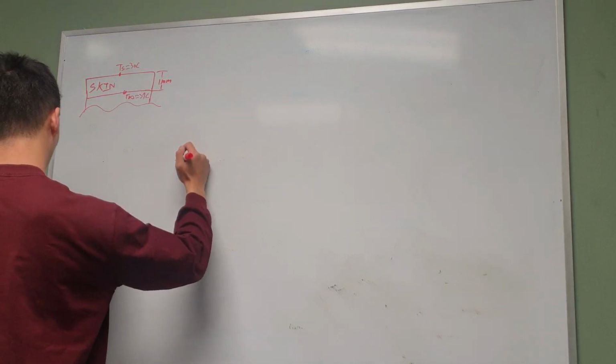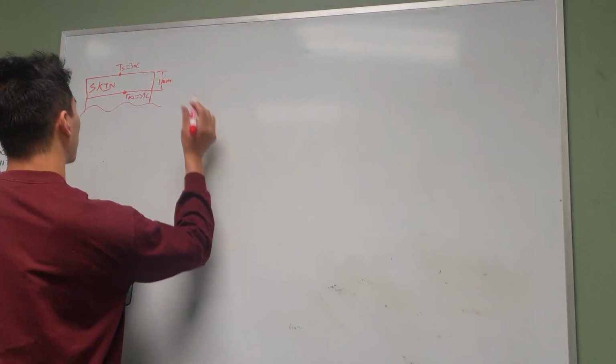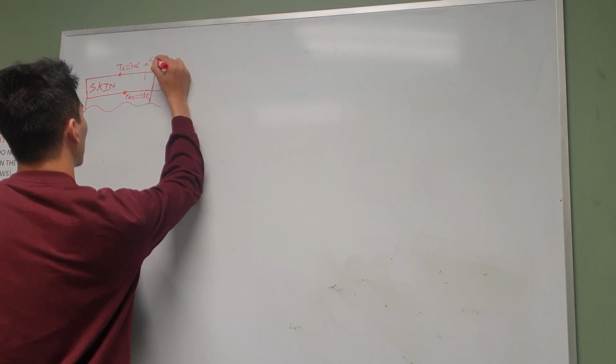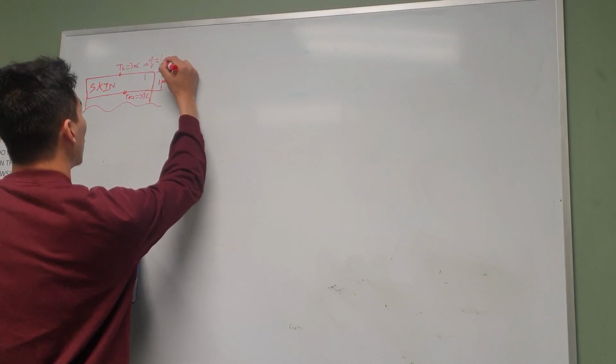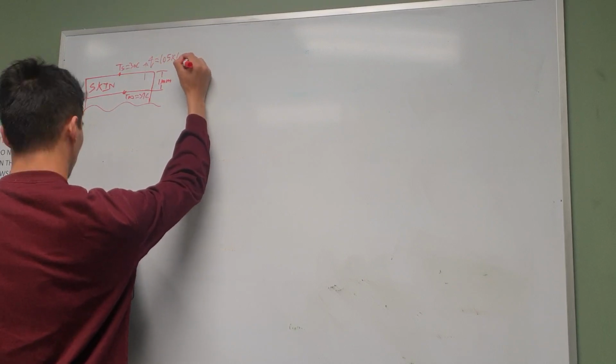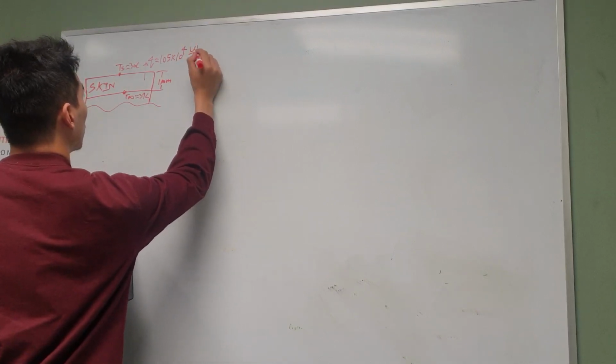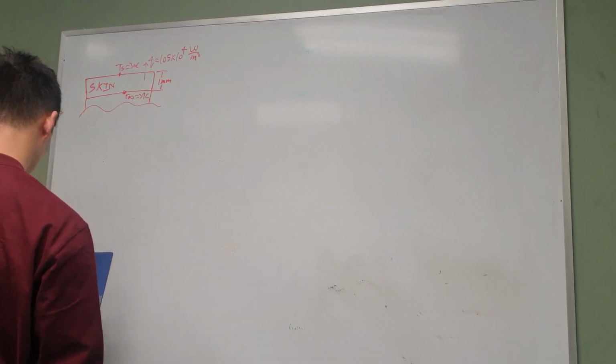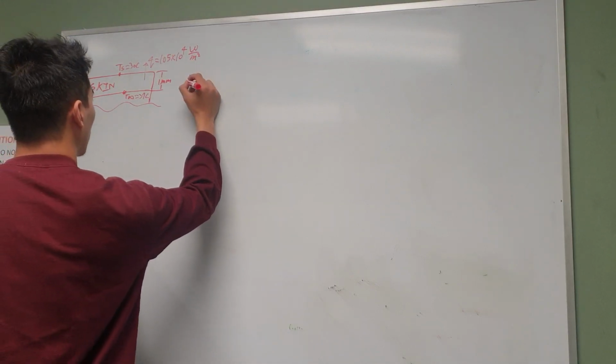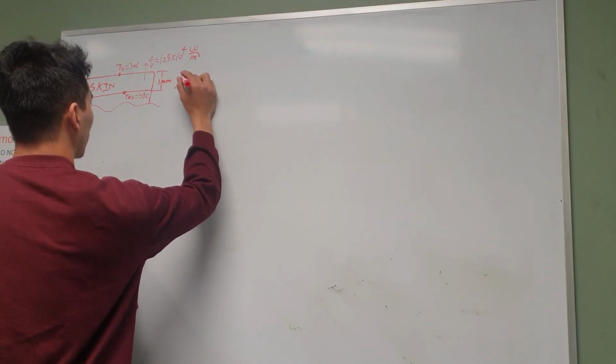We're given the heat flux through the skin is equal to 1.05 times 10 to the 4, and we're trying to find K.